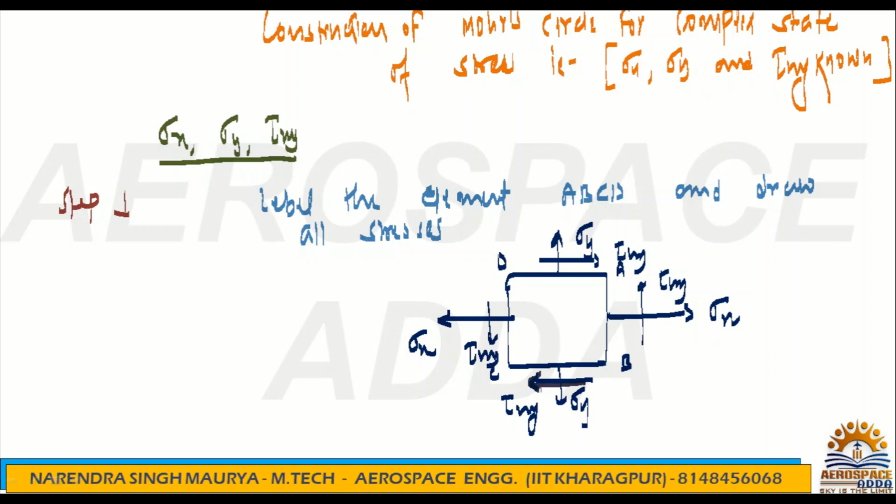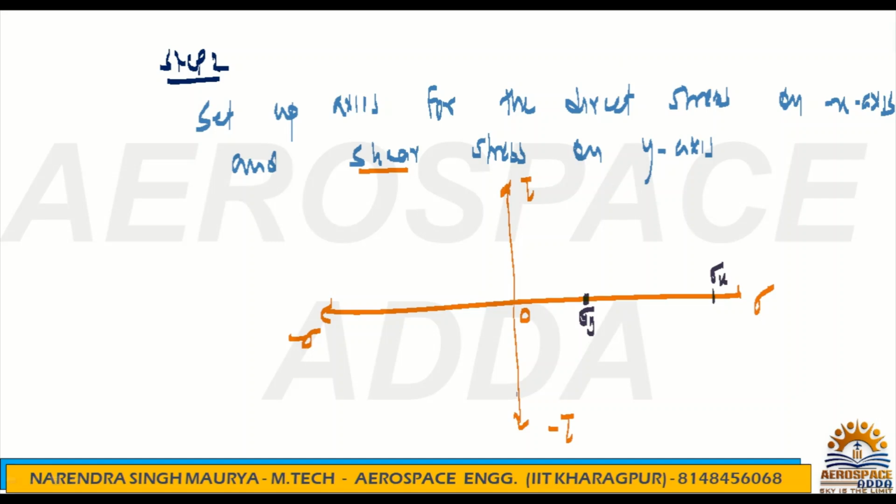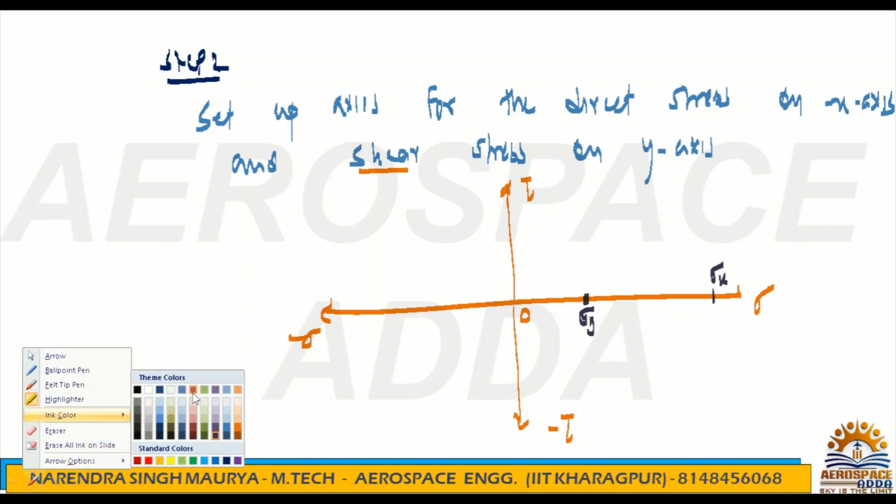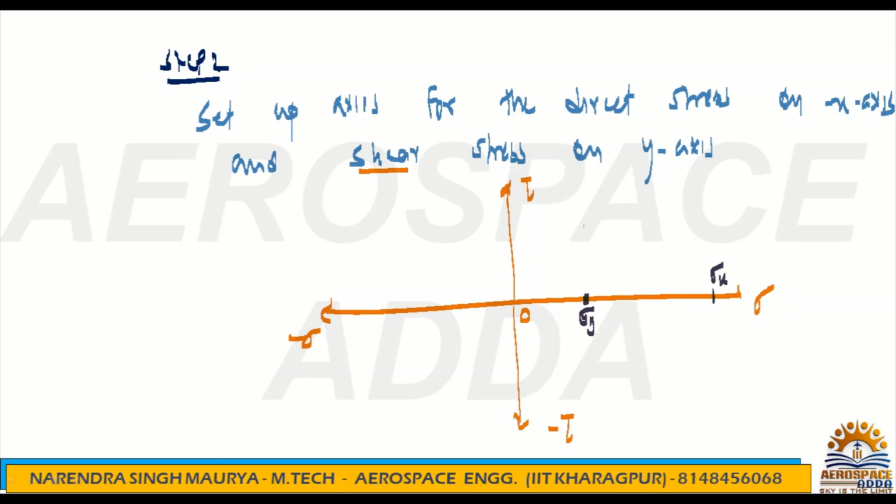Once it is clockwise stress, it will go above the sigma. I have given a common point. So above the sigma, this is tau xy, which is clockwise. I have to draw clockwise, which is above the sigma.